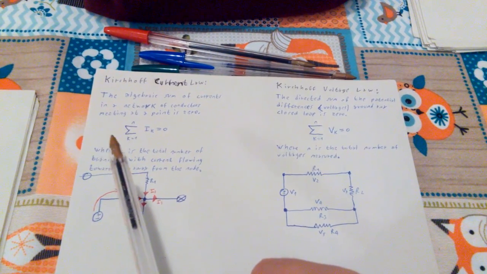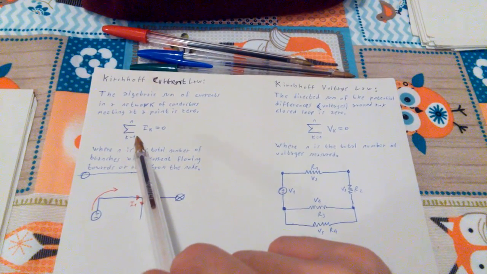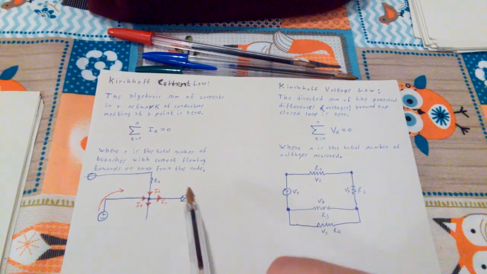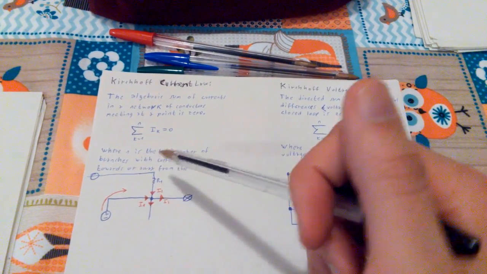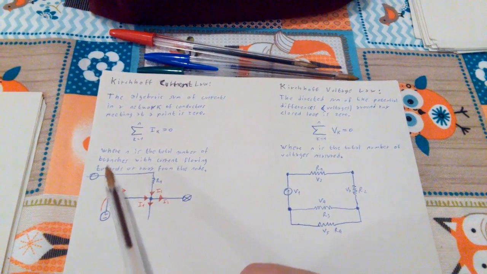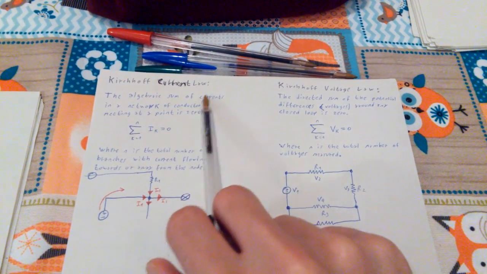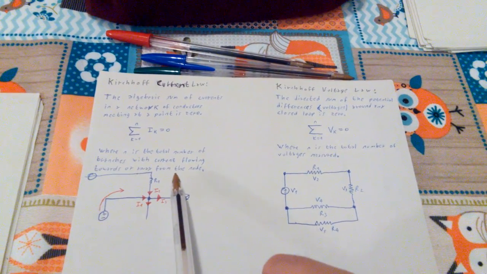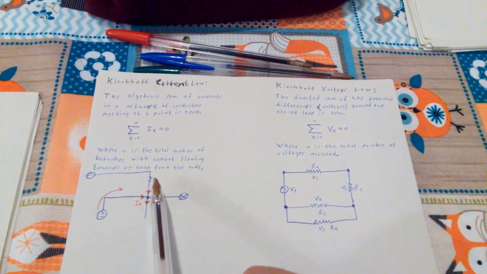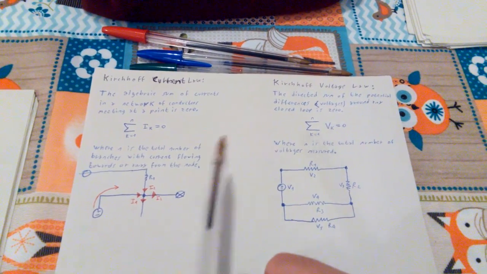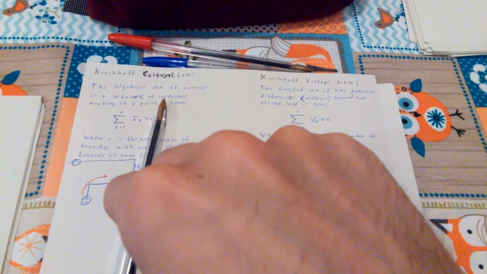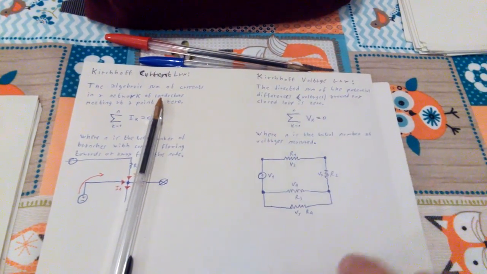Now, this can also be expressed in another way, and we can say that the sum of the currents entering a node is equal to the sum of the currents going out from that node. So the sum of those that get into a node is equal to the sum of those going out of the node.